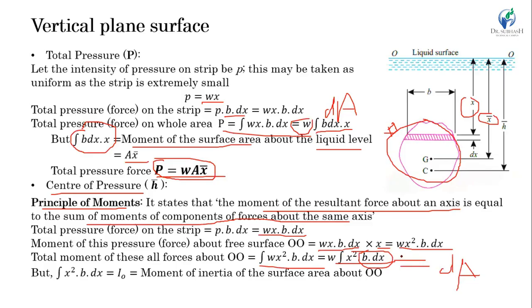So ultimately it is the second moment of this small area dA. It is nothing but the moment of inertia of the area about the free surface of liquid, which is called I0. In other terms, it is the second moment of the surface area about the free surface of liquid, denoted as I0.